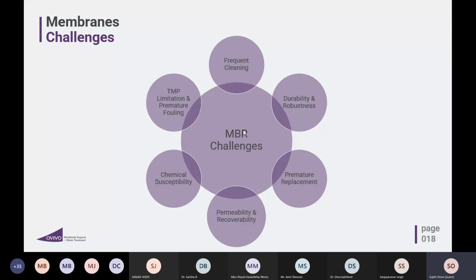If I talk about sewage, you'll find there is an industry which is just dumping their effluent into the sewage. So eventually all the dynamics change, and some of the membranes will not have chemical tolerance, right? And TMP, transmembrane pressure, the limitation of transmembrane pressure and the premature fouling nature. So these are the challenges associated with any membrane, I would say, any membrane, right?